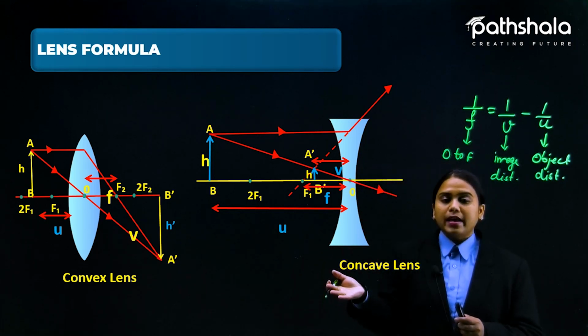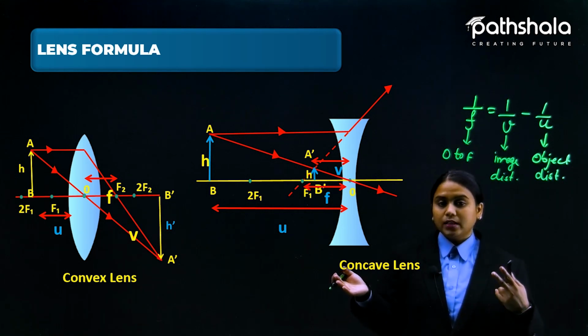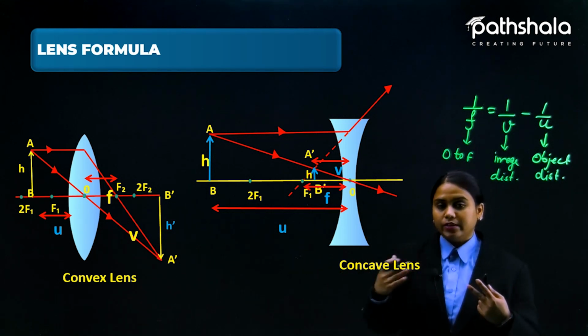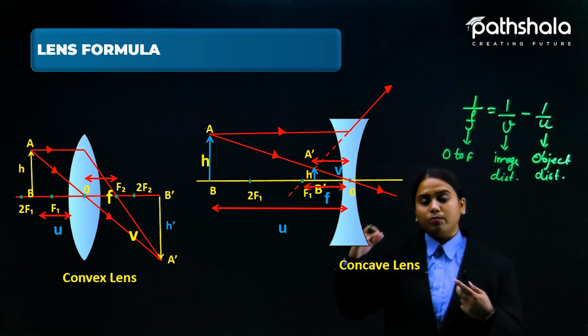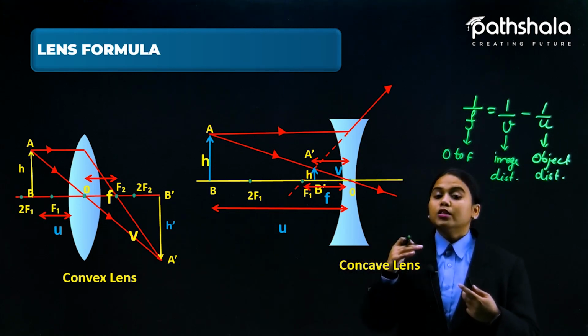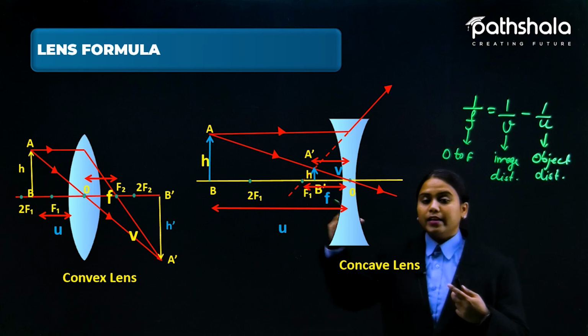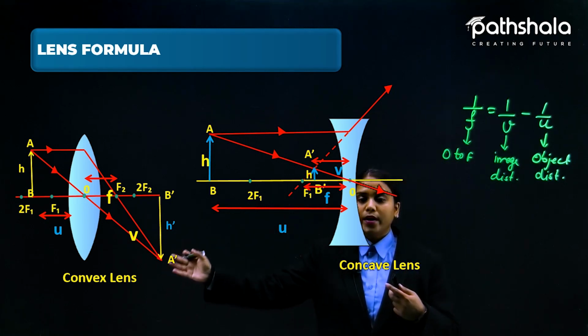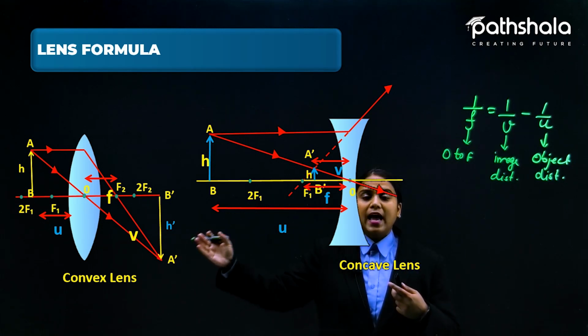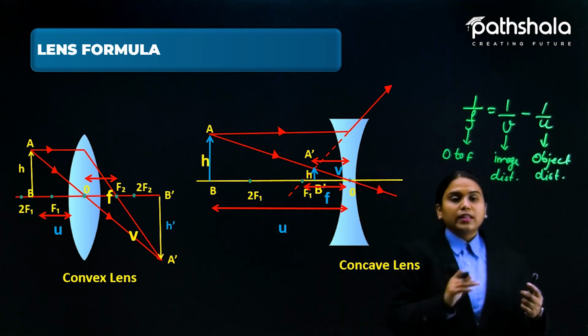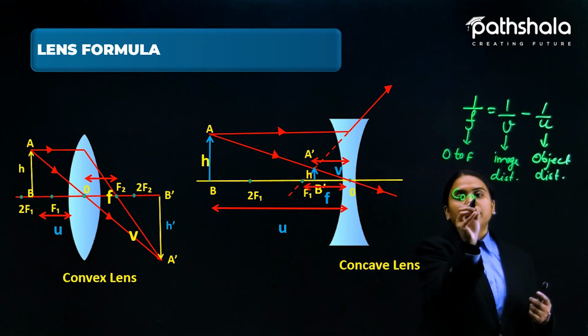But in the concave lens we were only having 2 cases, and both cases were having images on the same side of the object that it is placed. So here is the situation where the image is on the other side. So let's see the first case, convex.